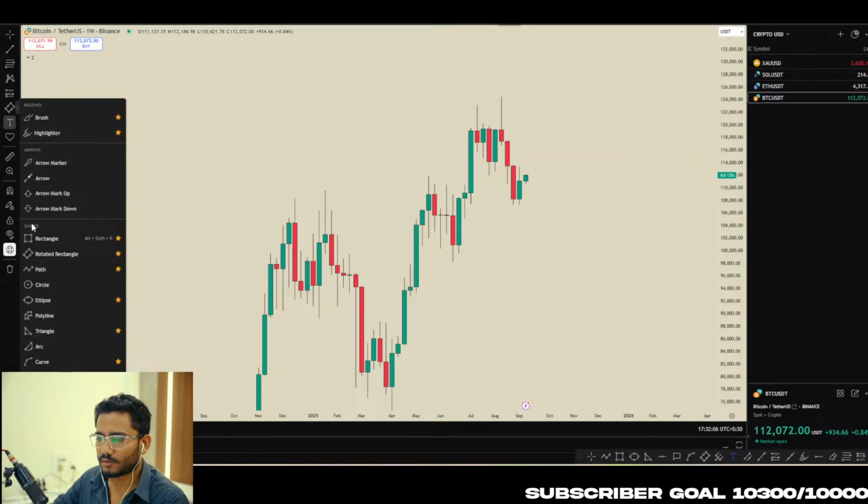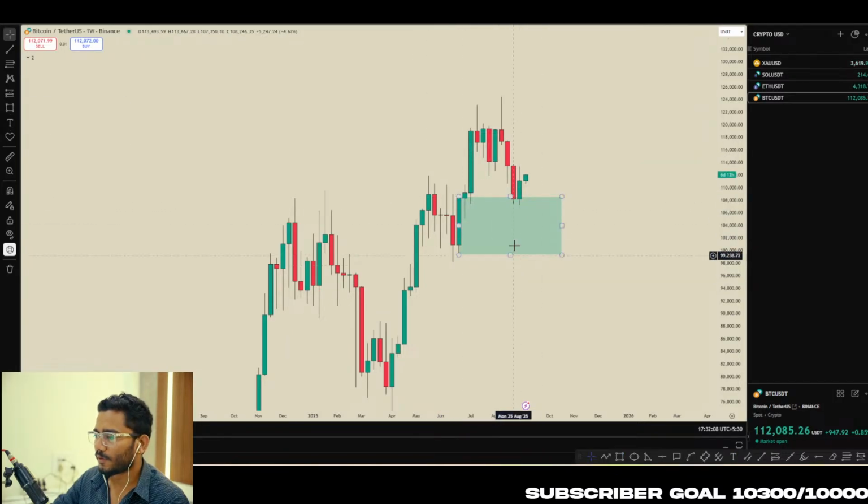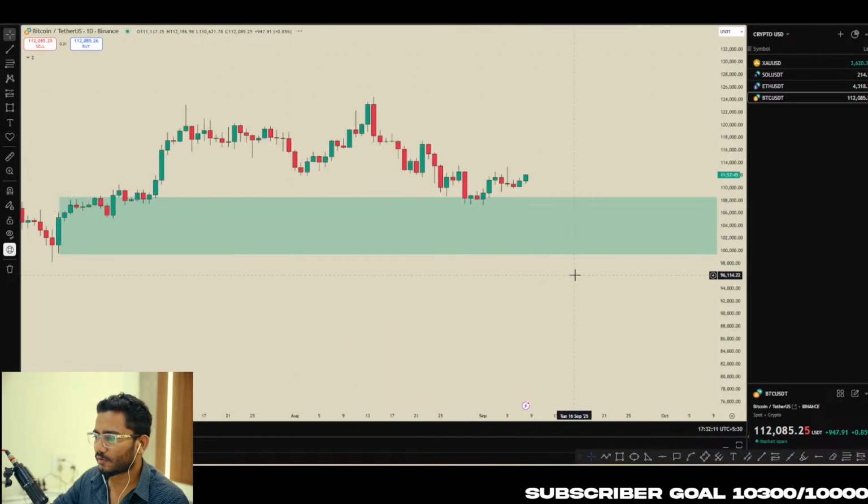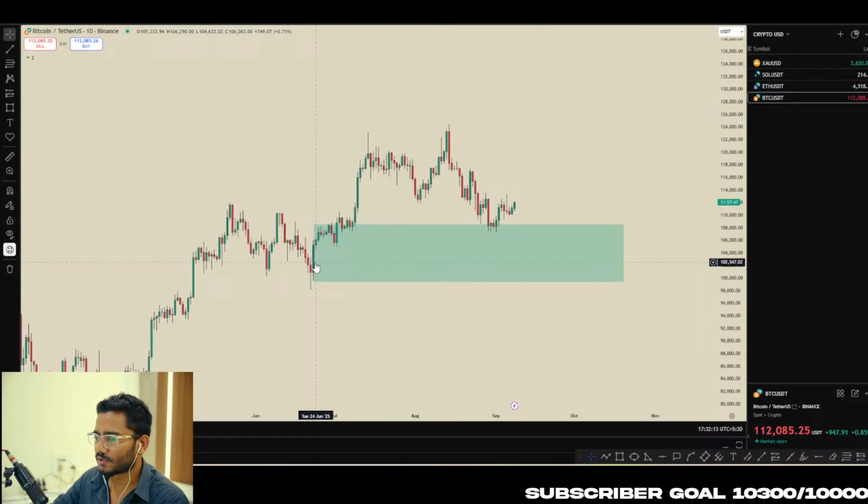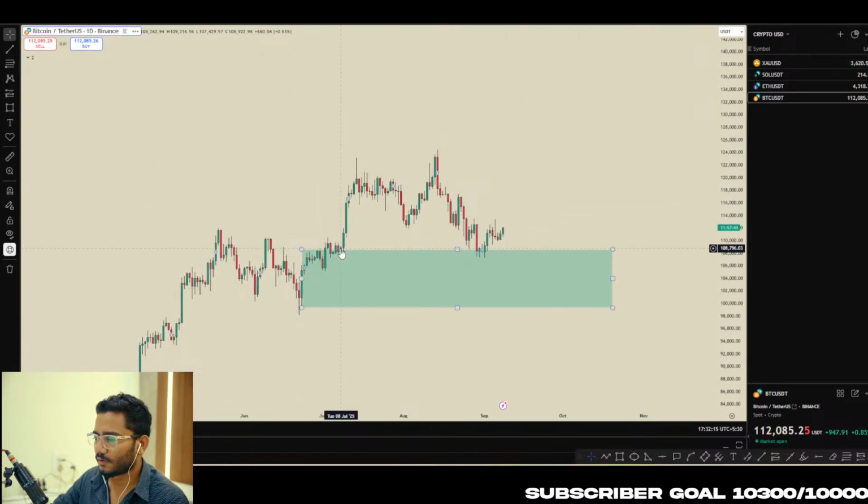If you look at this area, price has tapped and created this wick, like this structure which went to the upside, and it should continue, I think.